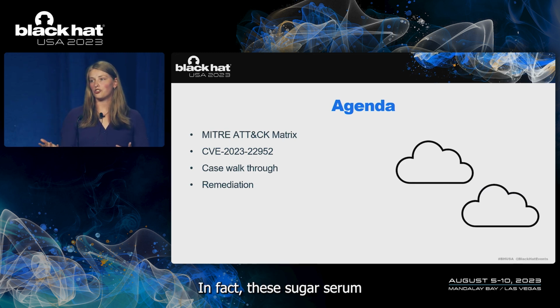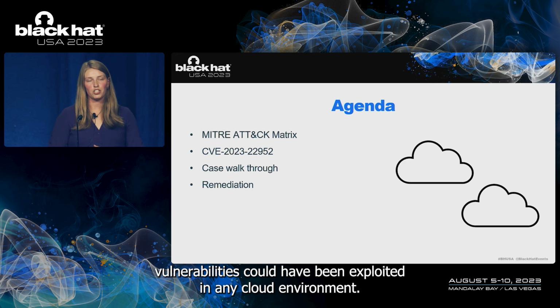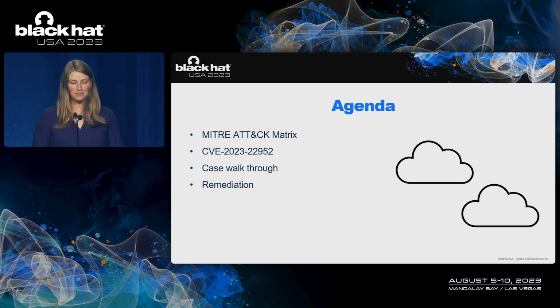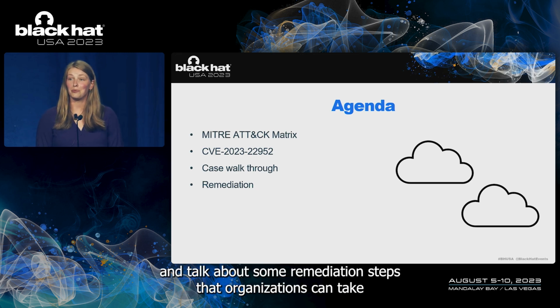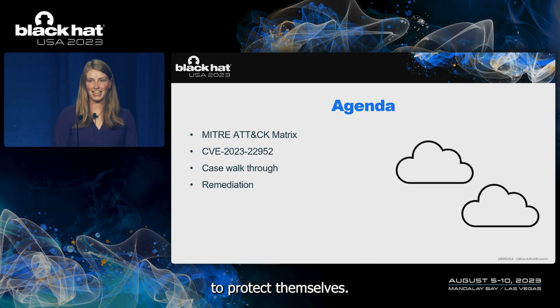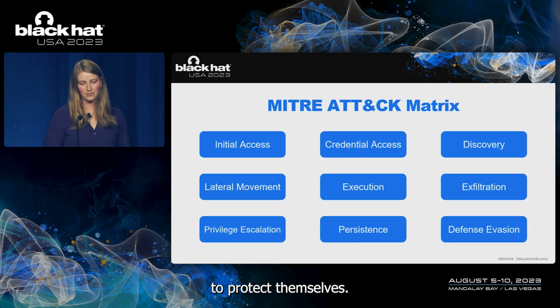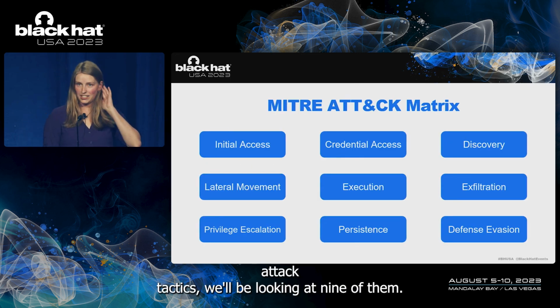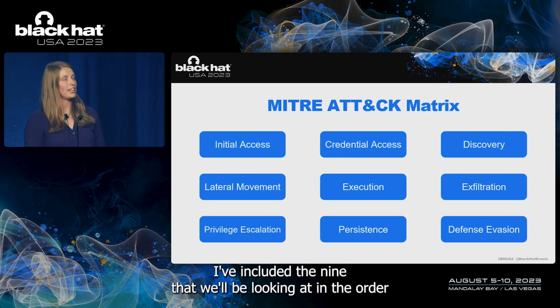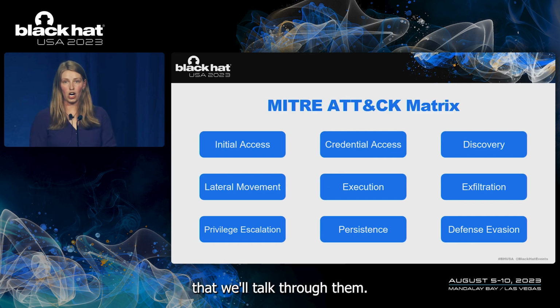In fact, these SugarCRM vulnerabilities could have been exploited in any cloud environment. After this, we'll walk through the rest of the cases and talk about some remediation steps that organizations can take to protect themselves. Of the 14 MITRE ATT&CK tactics, we'll be looking at 9 of them. I've included the 9 that we'll be looking at in the order that we'll talk through them.